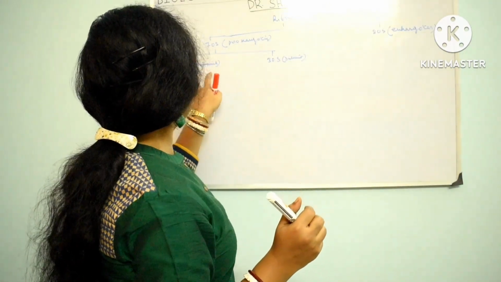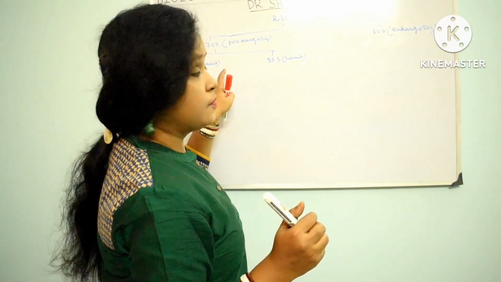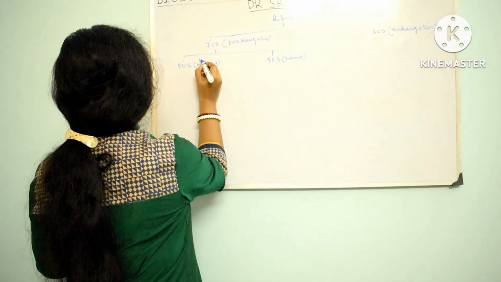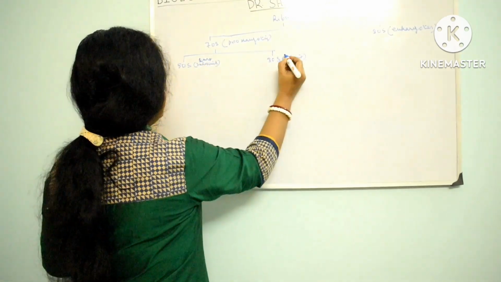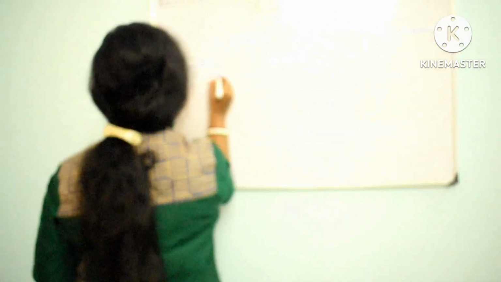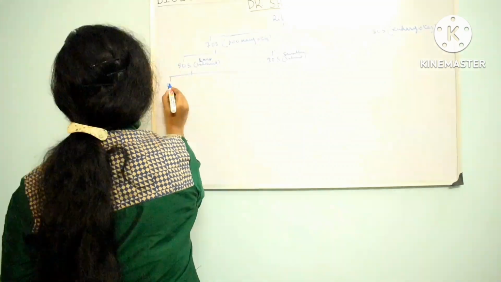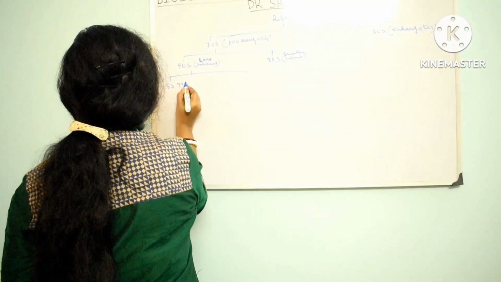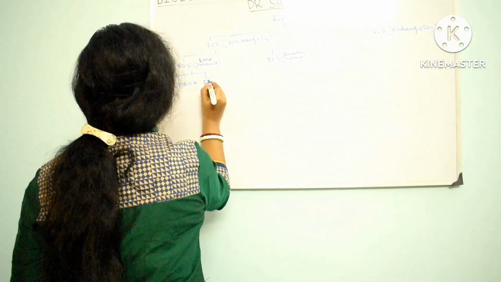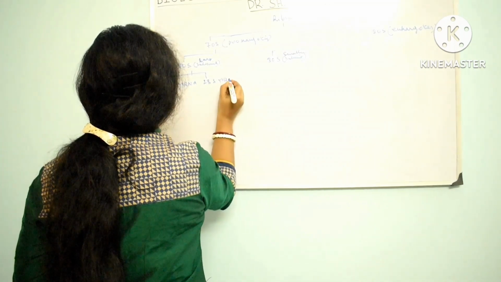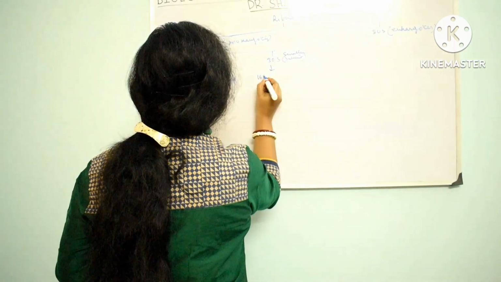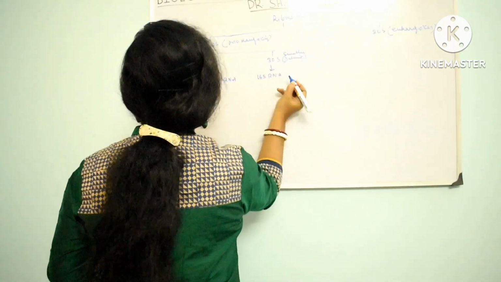The two parts of this prokaryotic ribosome are the larger subunit and the smaller subunit. The 50S larger subunit has 5S rRNA and 23S rRNA, and the 30S smaller subunit has 16S rRNA.